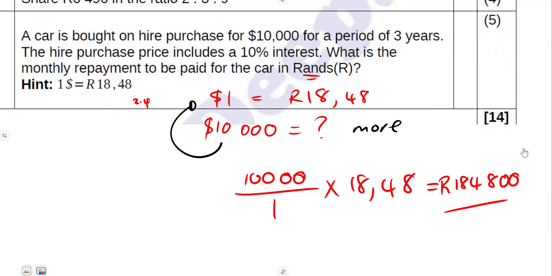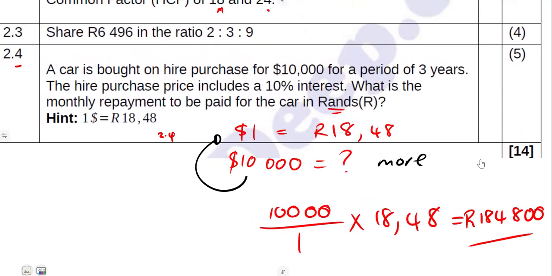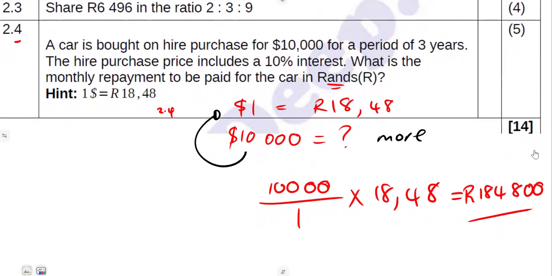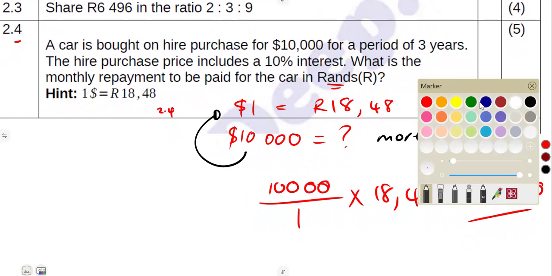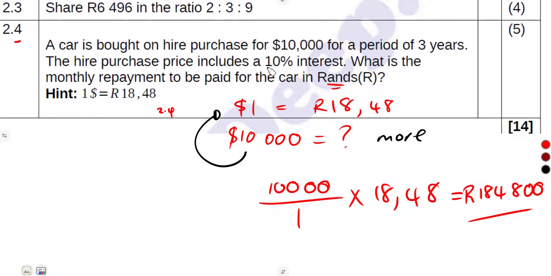Look at the question here, be careful. I think I had a question which was similar to this. Here you must be careful because they said the hire purchase includes 10% interest. It is not per annum. They are not saying per annum, per year. No, just 10%.